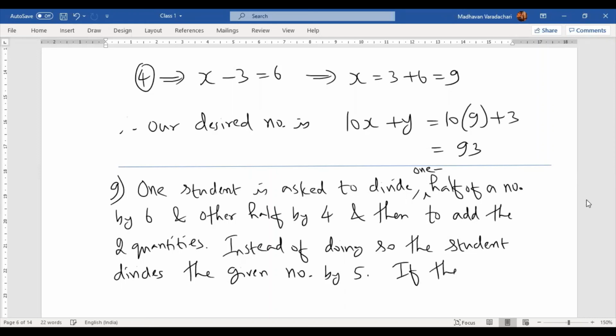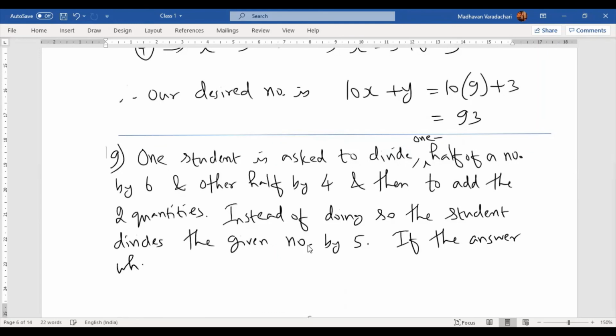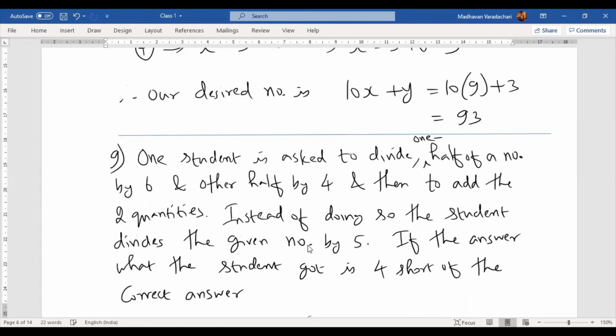If the answer the student got is 4 short of the correct answer, then find the number.